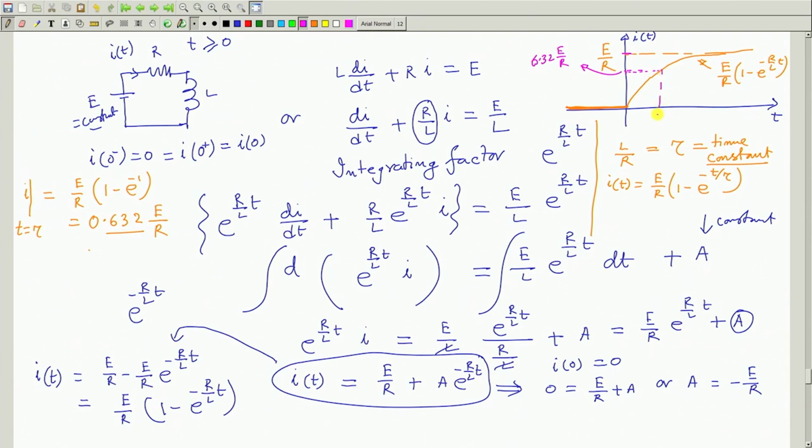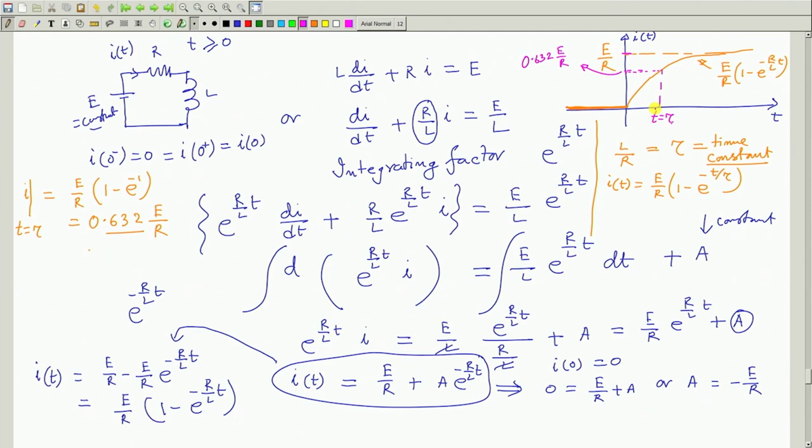And this is t equal to tau. At t equal to tau, it will be like this. Let me write it clearly, 0.632 or 63.2% of the final current. That much, 63%, will be achieved after one time constant.